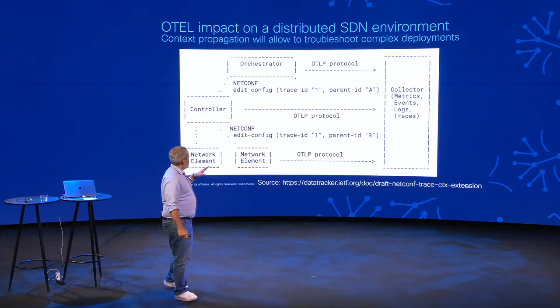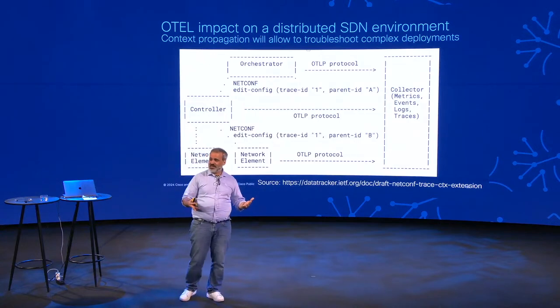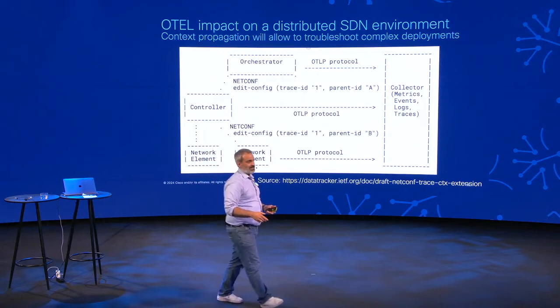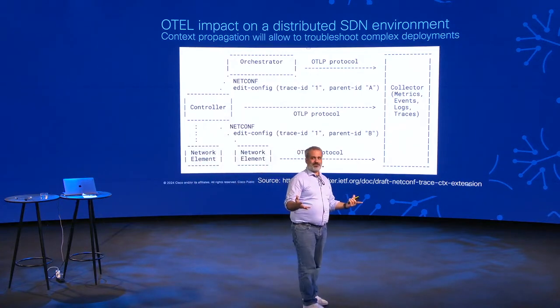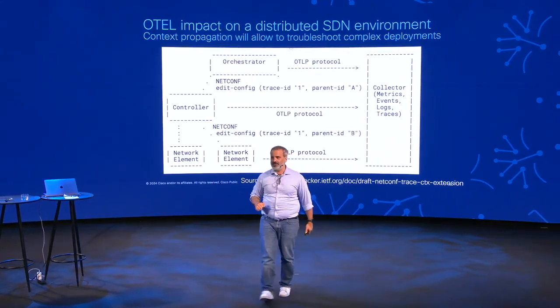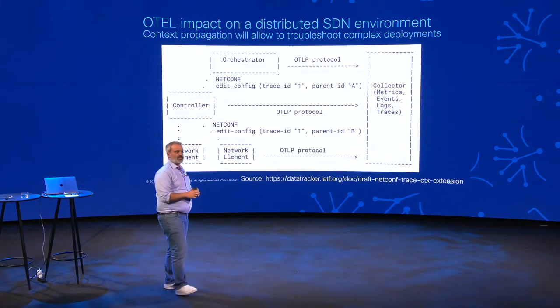Because the W3C, which is the standardization body for HTTP, has standardized it for normal REST, what we are telling the IETF is, any RESTCONF client and server should support this new header. It's very important. But for NETCONF, we needed to add it into the standard.